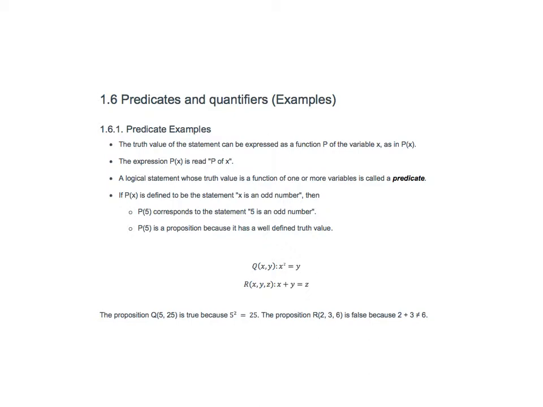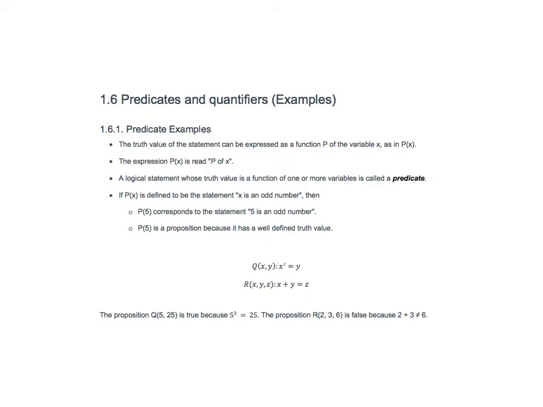If p of x is defined to be the statement, for example, x is an odd number, then p of 5 corresponds to the statement 5 is an odd number. So we replace x by 5. And p of 5 is a proposition because it has a well-defined truth value. In fact, p of 5 is true.